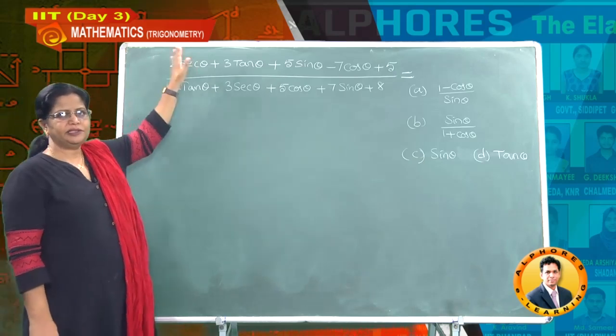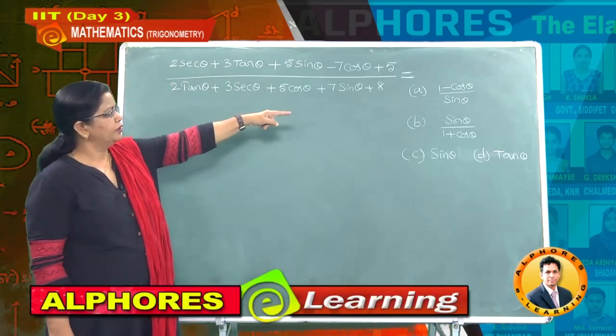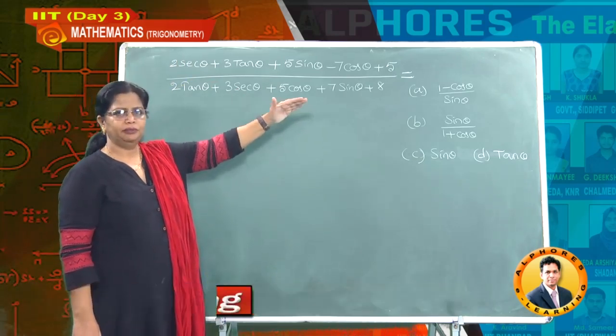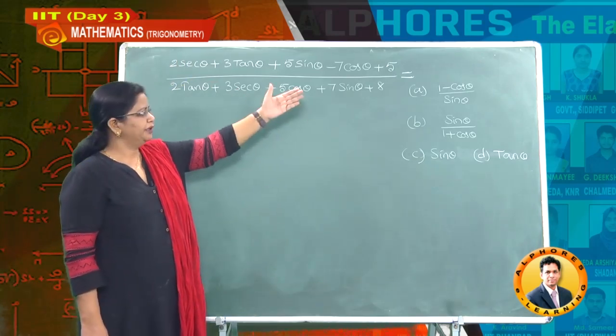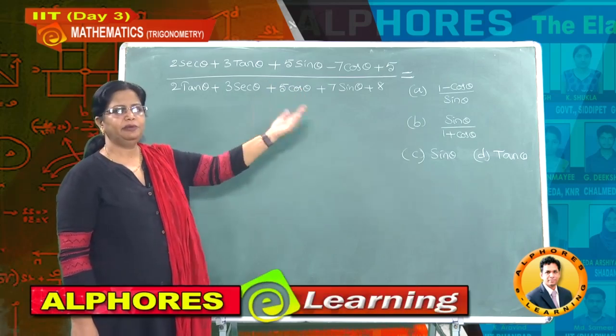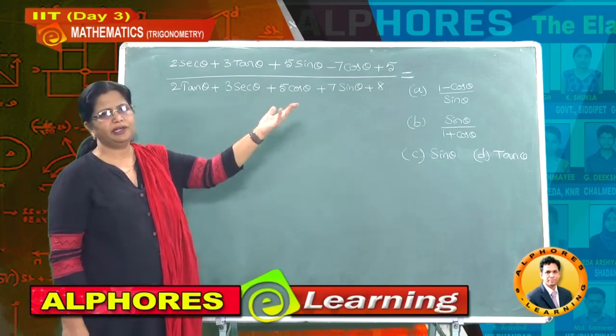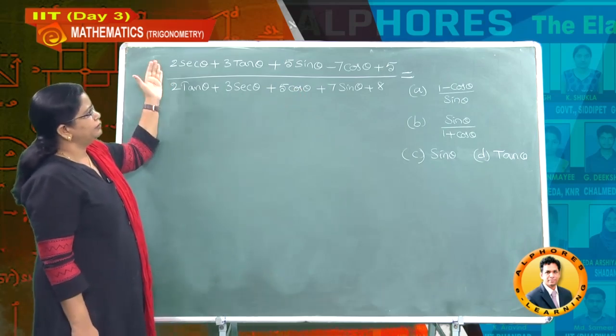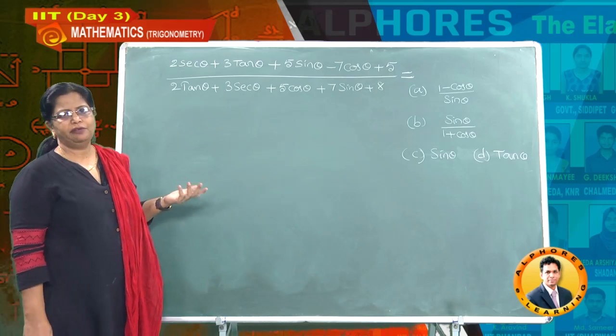Have a glance on this problem also, dear students. 4 options given here, and this problem also may be more than one answer. That means option A, B, C, D all may be right, or only 2 right, or 3 right, etc. Now you may think that suppose if I take theta equal to 0, what will happen?